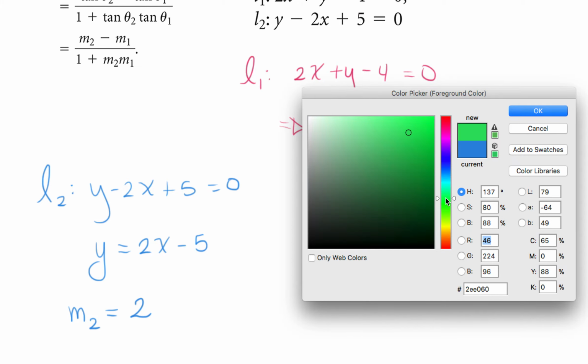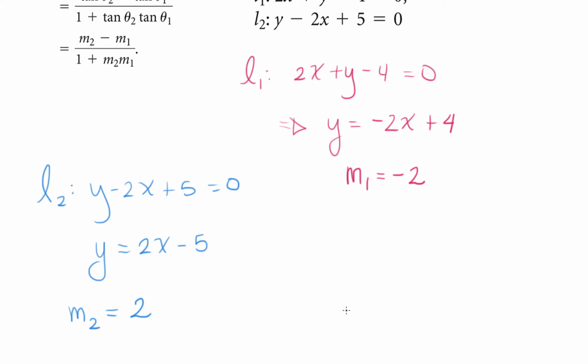So let's use a different color for that. So tangent of phi is equal to m2, which is 2, minus m1, which is negative 2, over 1 plus m2, which is 2, times m1, which is negative 2.